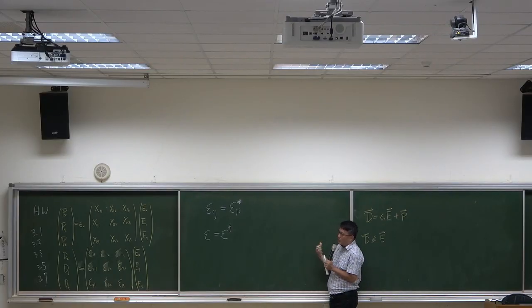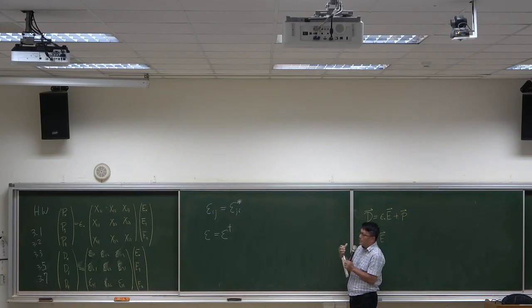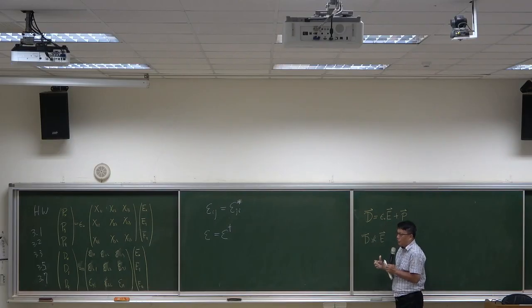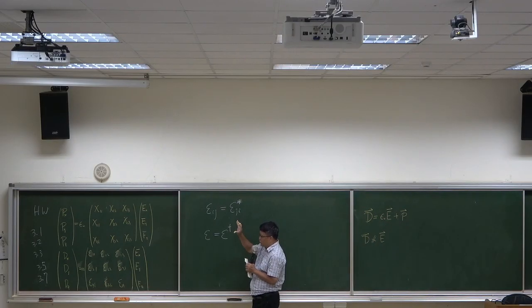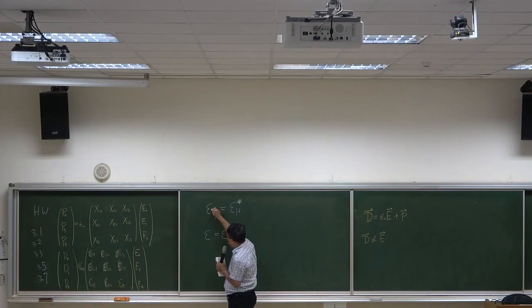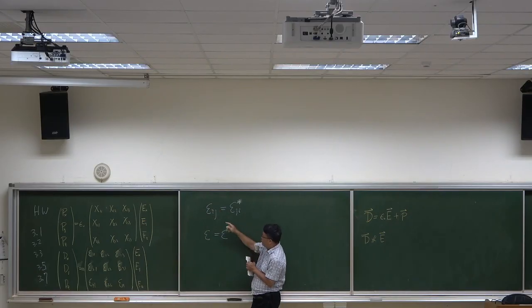We have already introduced the concept of Hermitian conjugate. Okay, Hermitian conjugate means take the transpose and do the complex conjugate. Transpose means exchange the two indexes of the elements, and the complex conjugate is this notation star.